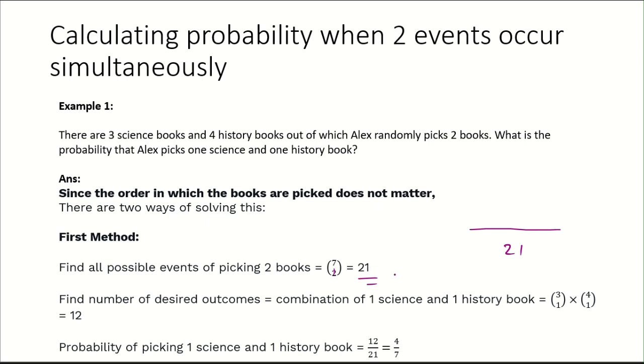Now, out of these 21 outcomes, how many of them contain 1 science and 1 history book? That is your number of desired outcomes. So in this case, it is 3C1 times 4C1, which is equal to 12. So the probability of picking 1 science and 1 history book is 12 over 21, which is 4 by 7.